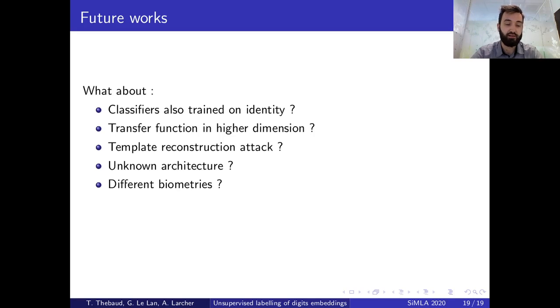Could we execute a template reconstruction attack with finally only the embeddings, a stored labeled set of embeddings, and the architecture of a network? Could this method work with an unknown architecture? Are different network extractors similar enough to produce a similar embedding even with different architectures? And would that method work with different biometrics? So those are the main points we want to explore in the future, and we are already working on the first three.